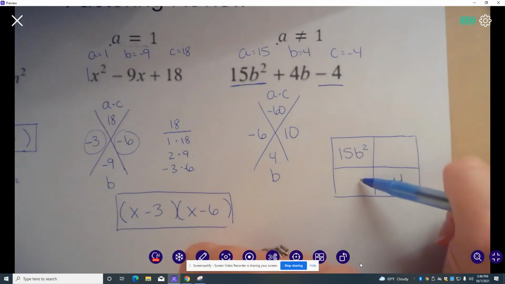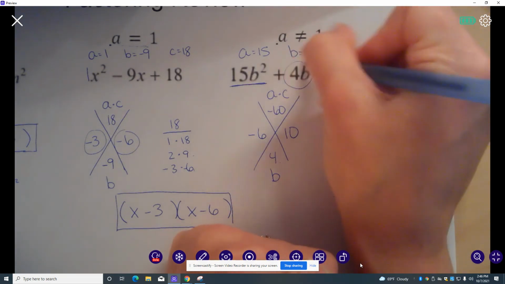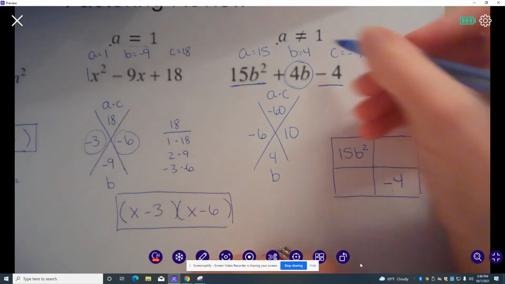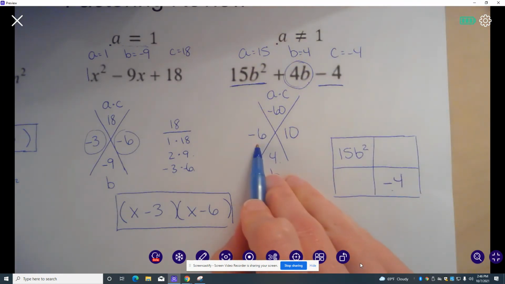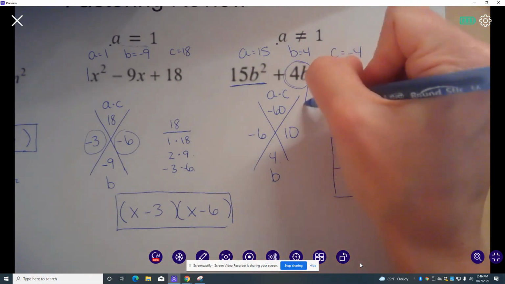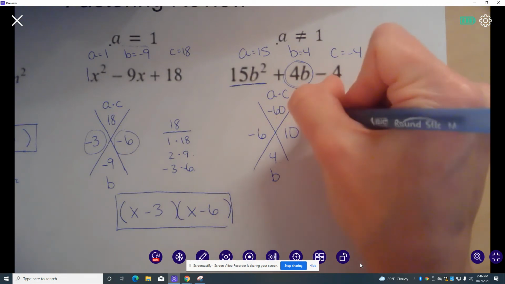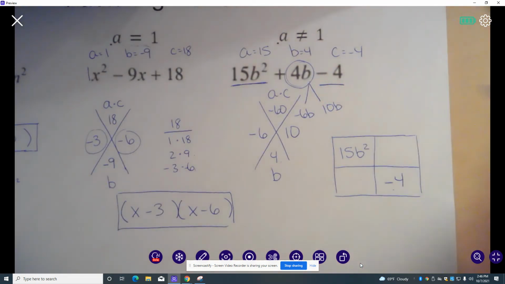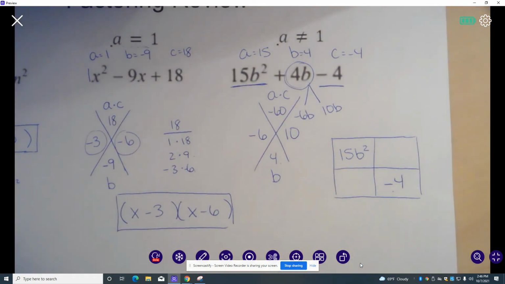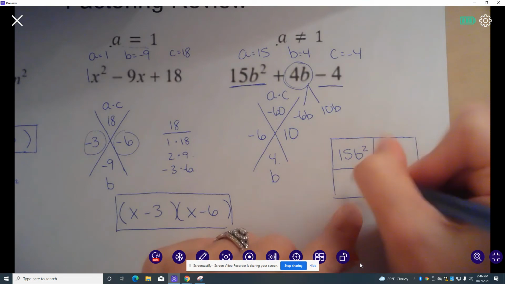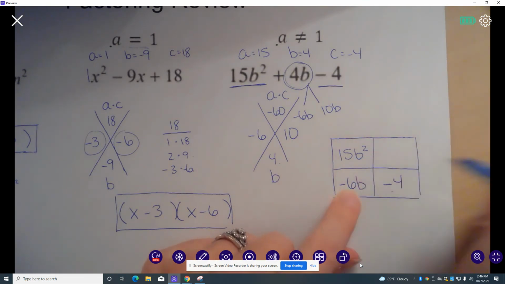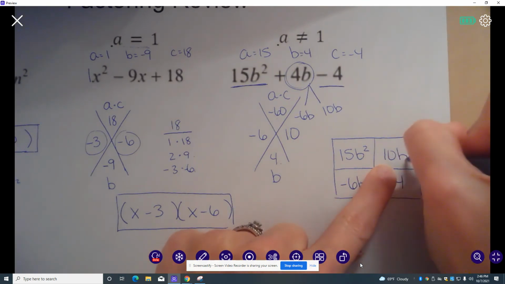But now, instead of writing 4b in the box, we're breaking up 4b into -6b and 10b. That's why we needed to do the x part of this. So I'm going to break this up. I'm going to put -6b here and 10b here.